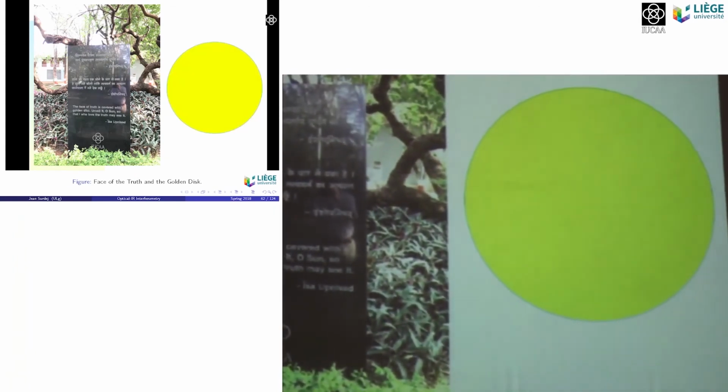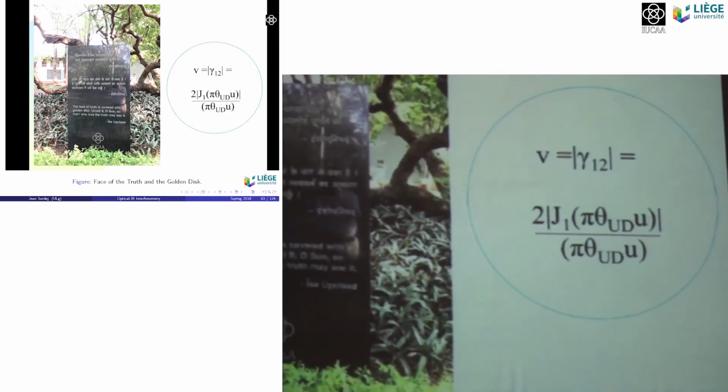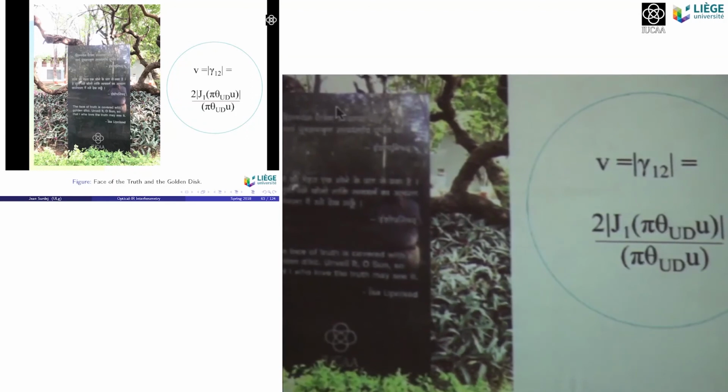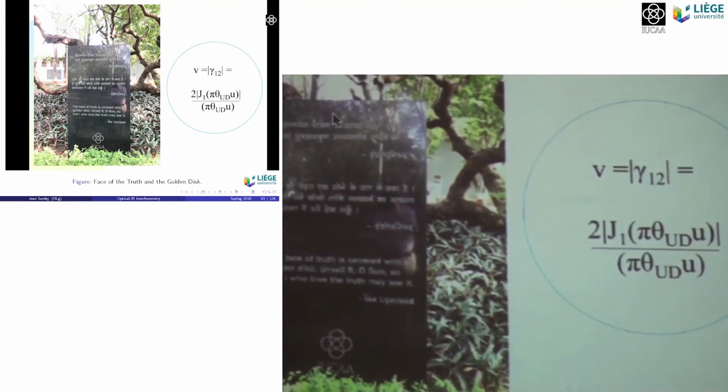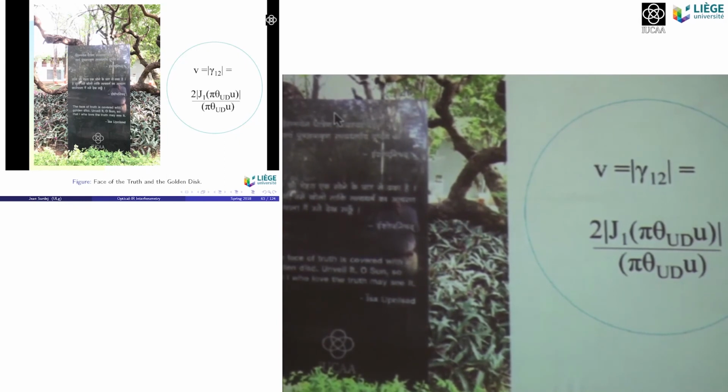This is a golden disc, and now you want to unveil the disc and see what is the truth behind. In our case, the visibility of the fringes is a Bessel function divided by that. Okay, so we make the break now, go for tea, and after we continue.